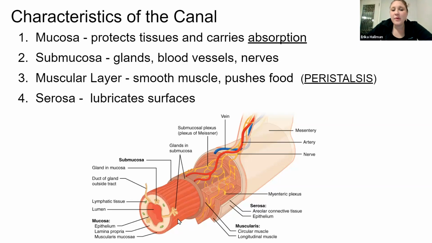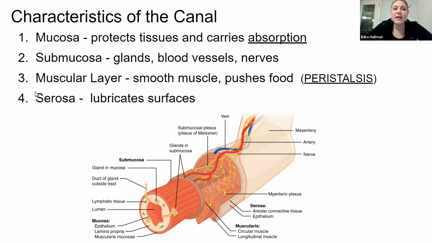Outside of the submucosa, we're then going to have two layers of muscle. We're going to have a muscle that runs longitudinal and a muscle layer that runs circular. The inner circular muscle essentially runs around the canal, and when those muscles constrict, it would actually make the canal skinnier. When the longitudinal muscles that run lengthwise in the canal constrict, it would make that canal shorter in length.